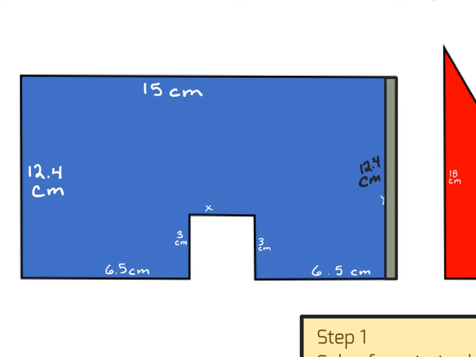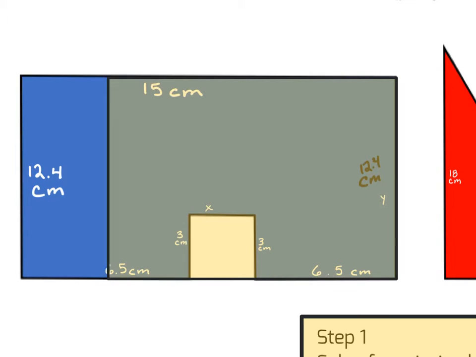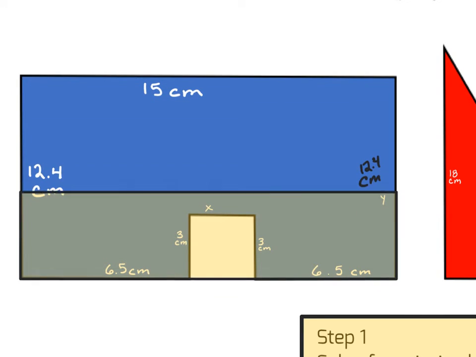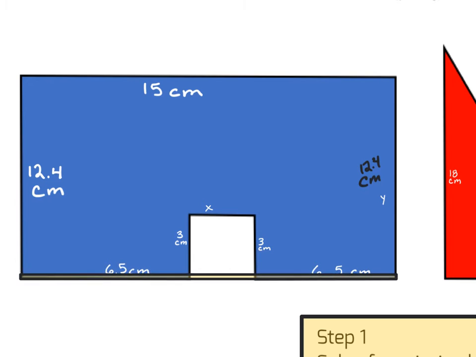So let's move this back where it was. And now, also, I know that if this is 15, then if I take this line here and drop it all the way down here, from here to here has to also be 15 centimeters, right? Well, I know that this is 6.5 and this here is 6.5. So if I take 6.5 plus 6.5, I'm going to get 13 centimeters, right?